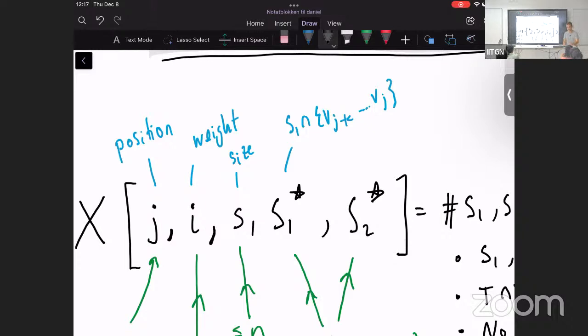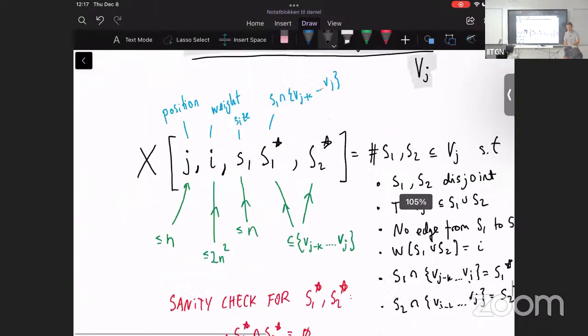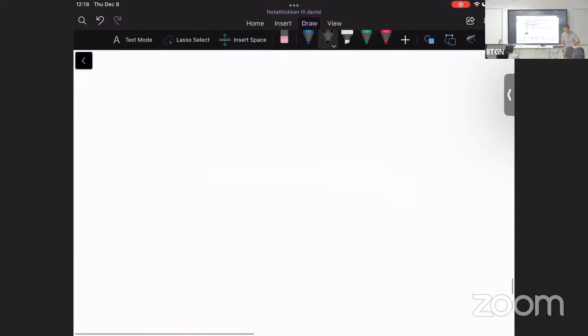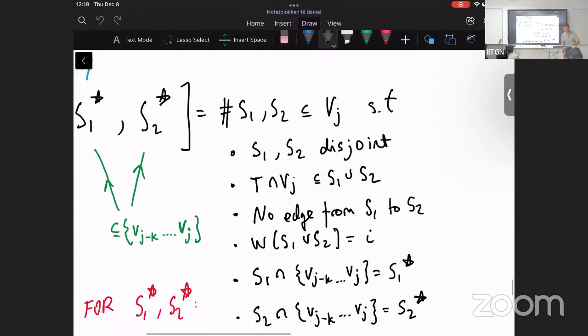The third one is the size of S1 union S2 so far. The fourth and fifth ones are the intersections of S1 and S2 respectively with these last k vertices. Remember that S1 and S2 are disjoint, so we don't need to look at things that are not disjoint. There is some sanity check that we can do.